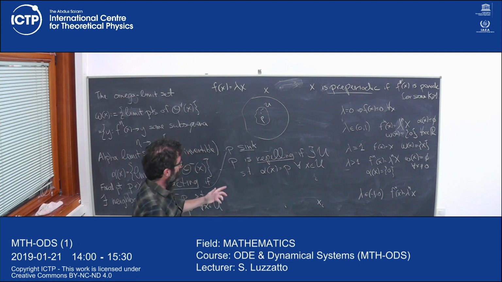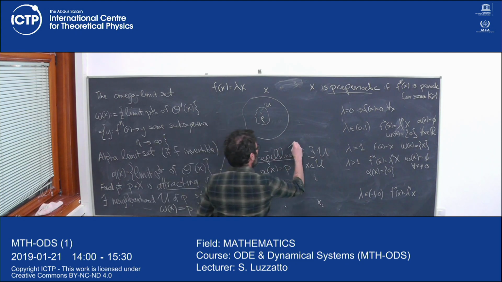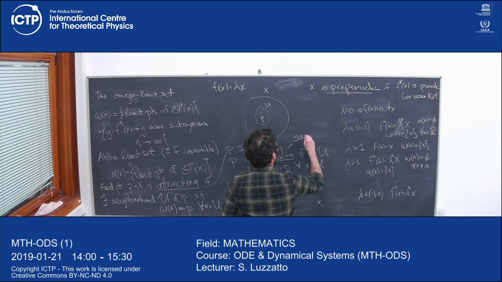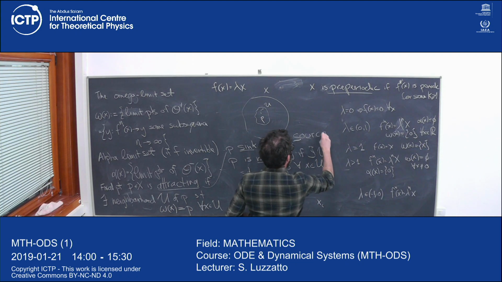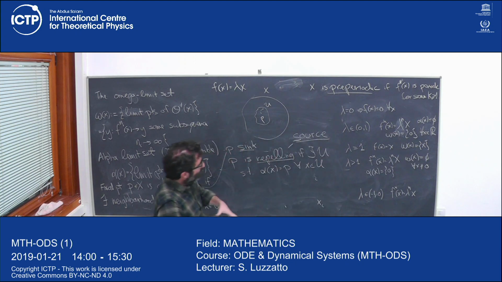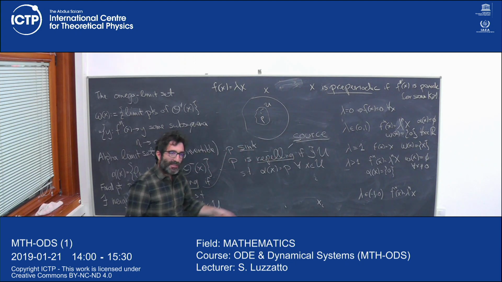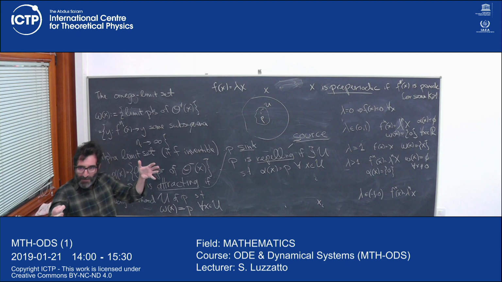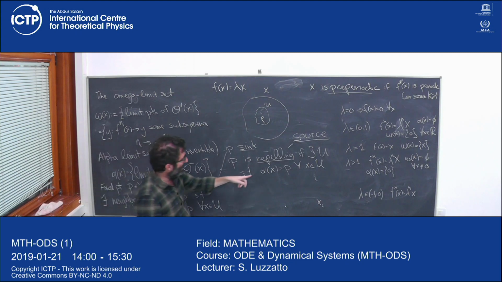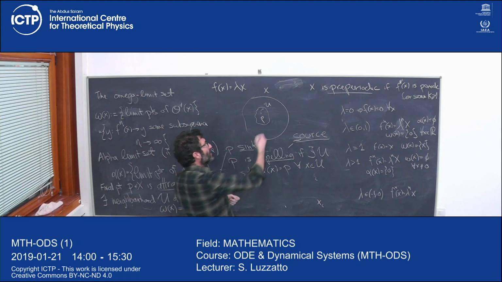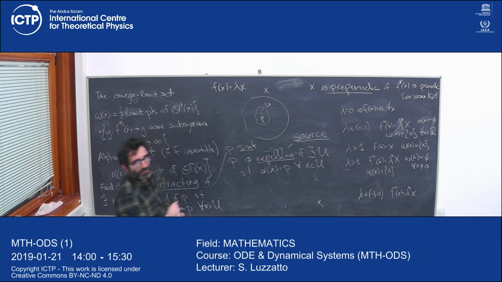If it's invertible, you can also talk about, sometimes this is called a source, because this is where things come from. So things, in some sense, intuitively are moving away from this point, right? But the way to formalize that is to say that in backward time, they're moving towards this point.